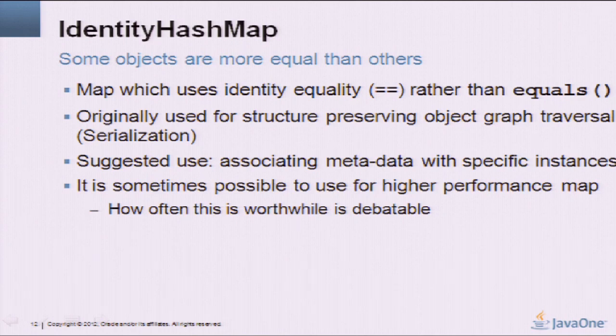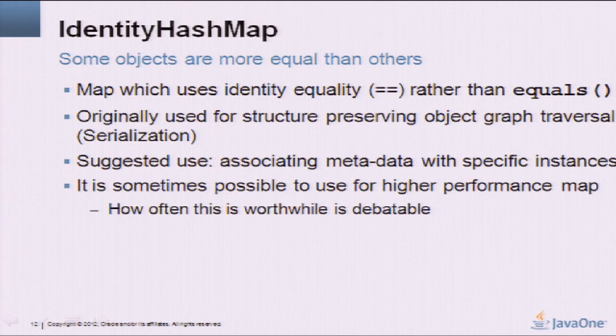That was originally what it was developed for, but there's one other common use for it, which is that if you have to associate some metadata with a particular instance of an object, IdentityHashMap is a good way to do it. So you make an identity map that has the objects you're interested in, and the associated metadata for that object in the value field.